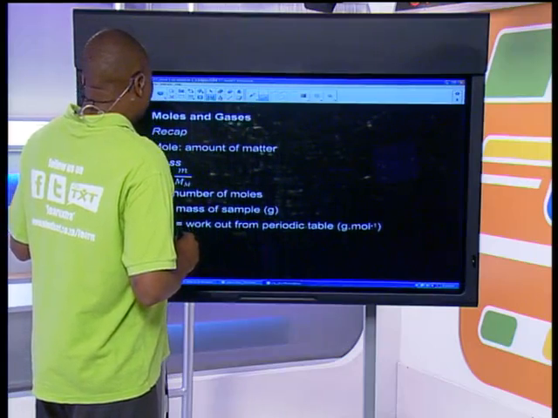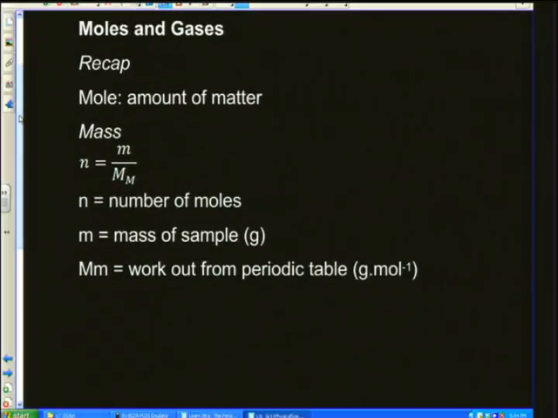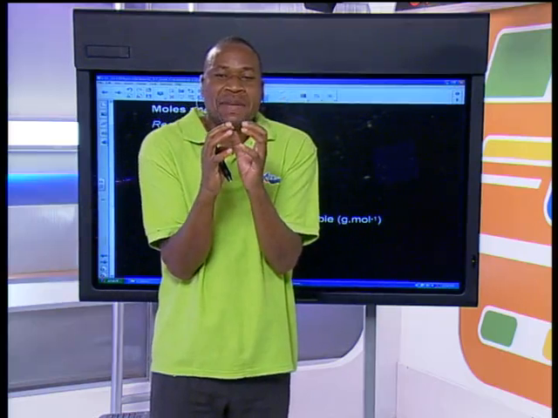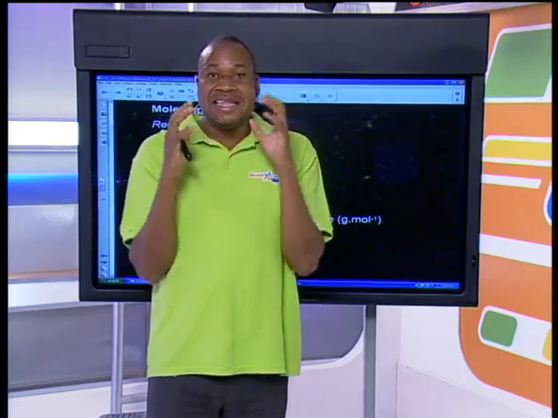Right, now, when we talk of moles, and especially when we're talking around gases, what is a mole? A mole is just an amount of matter. It's this amount of substance that constitutes a specific value, and that amount we call a mole.